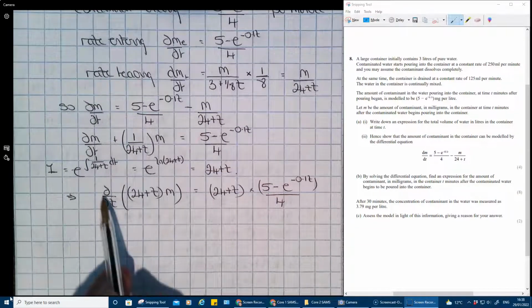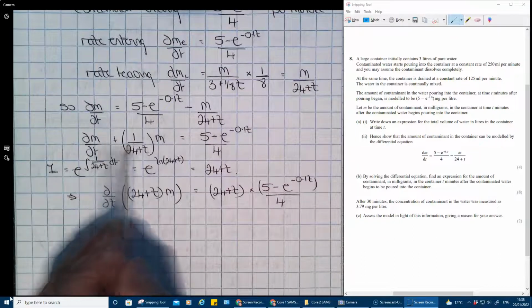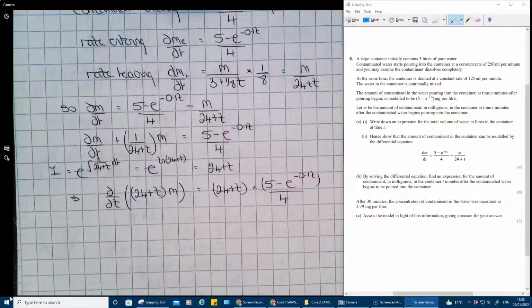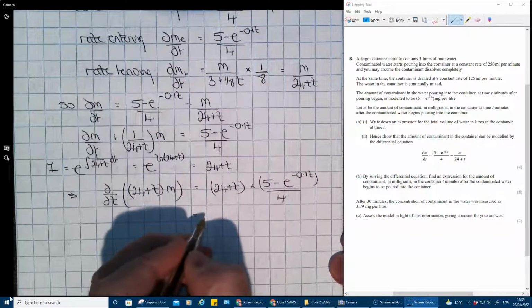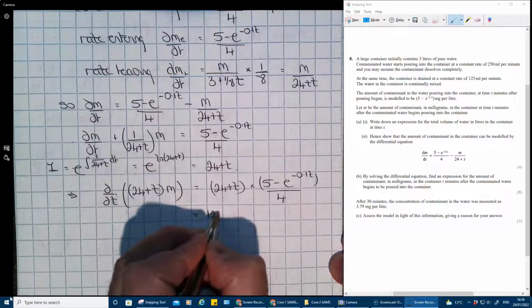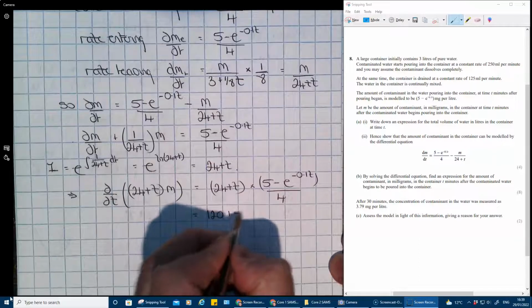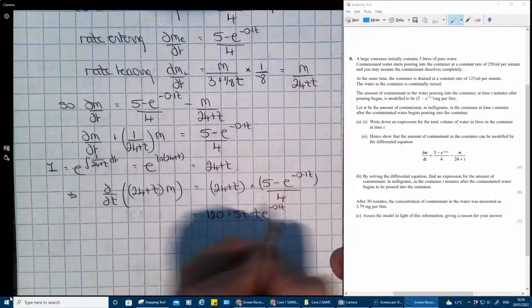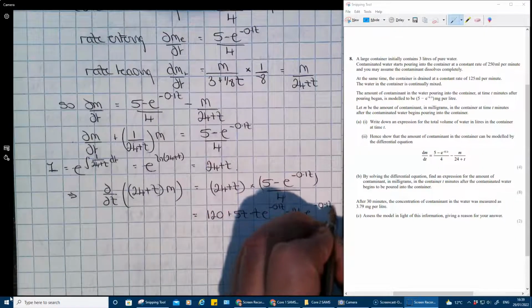Okay, that's a differential of I times m. It'll perhaps be more obvious if I multiplied throughout by 24 plus t, but okay, so I've got that. Which I can expand the right hand side. So I get 120 plus 5t, take away t e to the minus 0.1t, take away 24 e to the minus 0.1t.